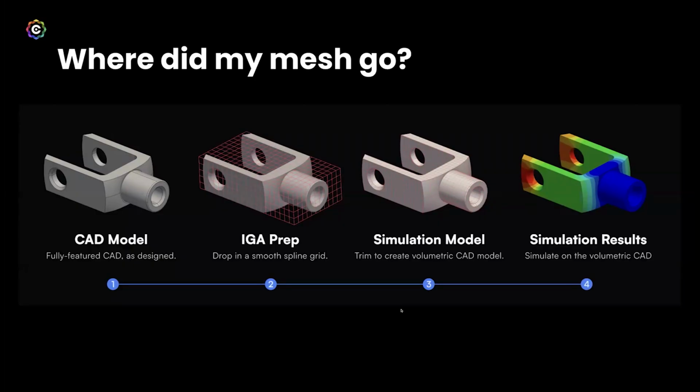We then trim that smooth spline grid to the CAD volume, like a Boolean operation, to produce that interior trimmed volume. And that's what we perform the simulation on. So the mesh is always still there in the background for the computational analysis, but the process of dropping it in that smooth spline grid removes a lot of the manual effort in producing these meshes.